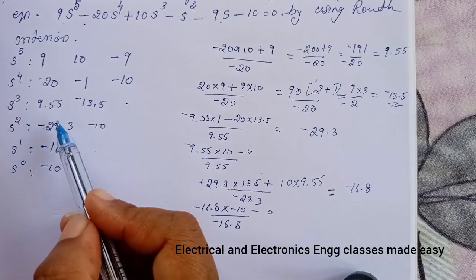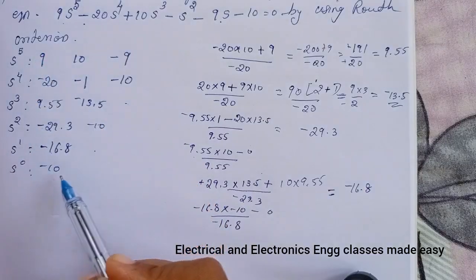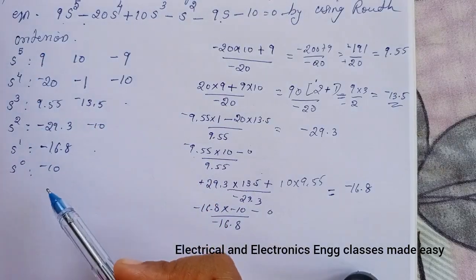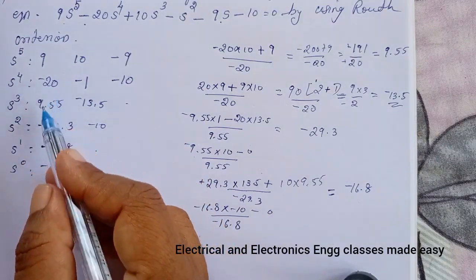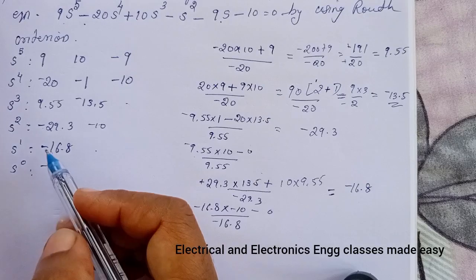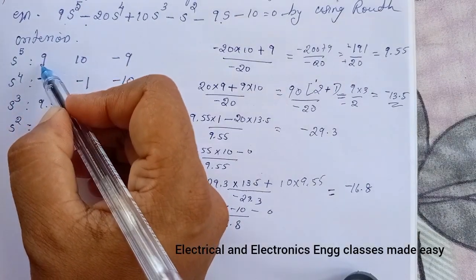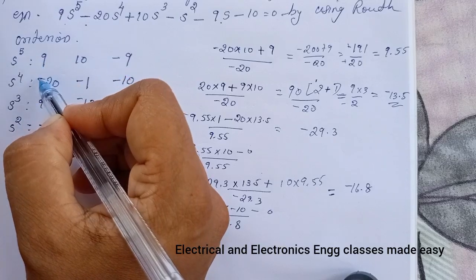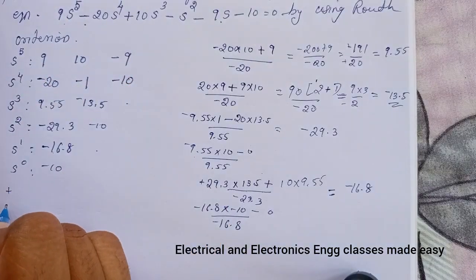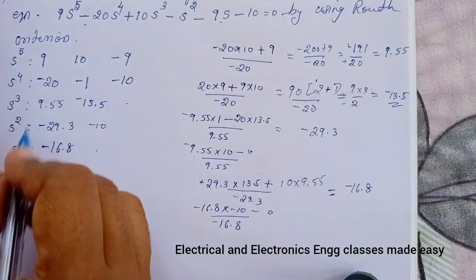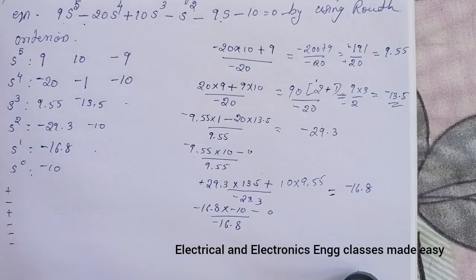And here, while examining the first column of this Routh array, we can observe that there are sign changes. The first column signs are plus, minus, plus, minus, minus, minus.